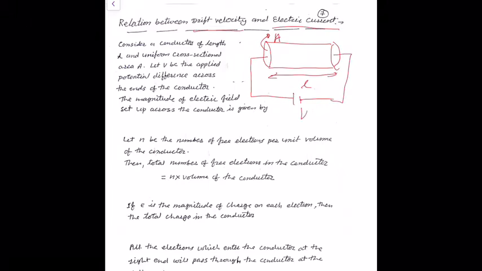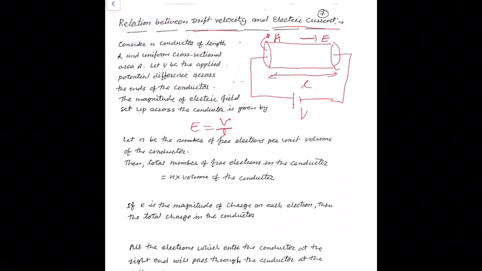The magnitude of the electric field set up across the conductor is given by E equal to V upon L, with the electric field E directed from positive to negative.